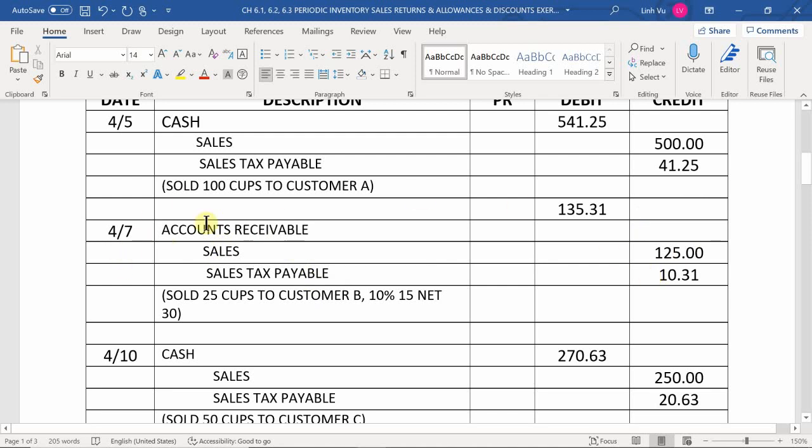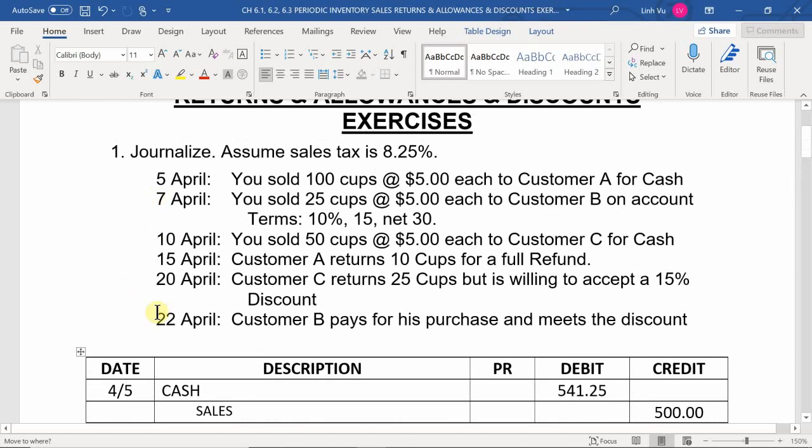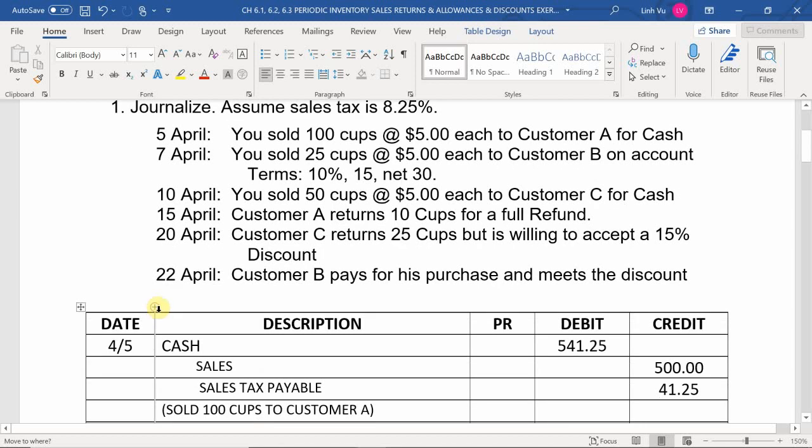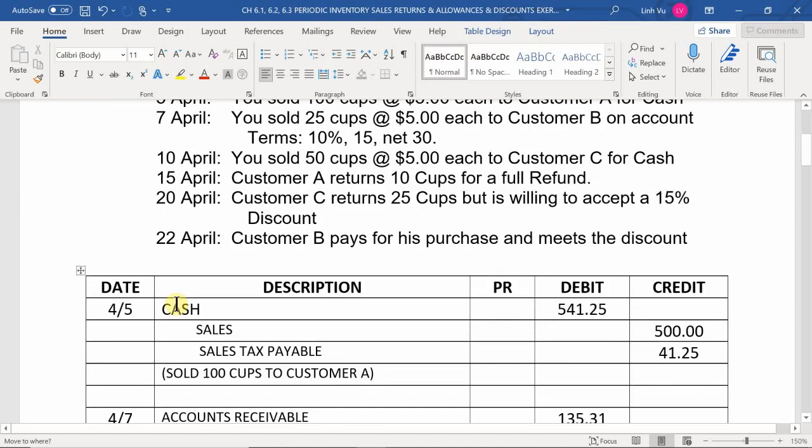So he owes me a grand total of $135.31. He meets the discount period because he purchased it on the 7th and he's paying within exactly 15 days. So he gets the 10% discount.